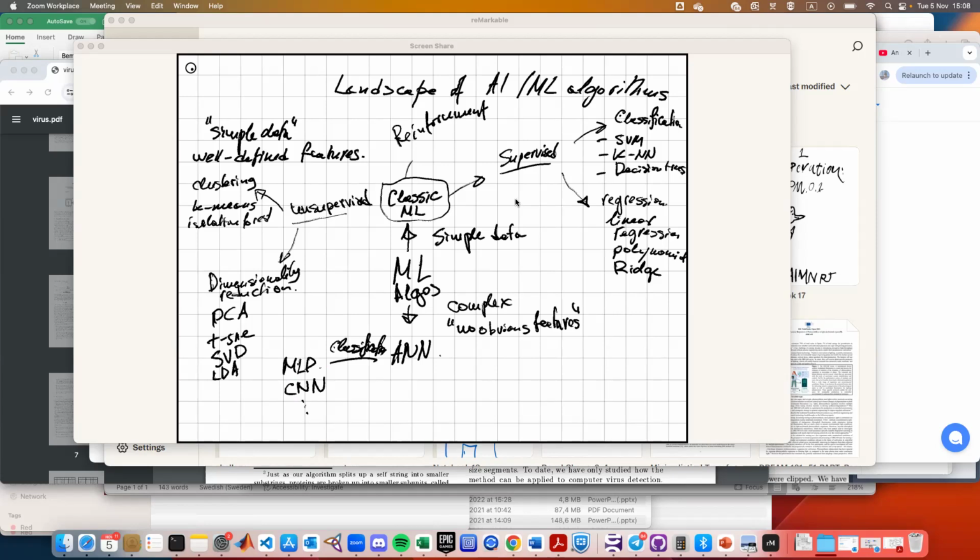We have a number of approaches for unsupervised learning. Here we have self-organizing maps. What else? Autoencoders. And such.